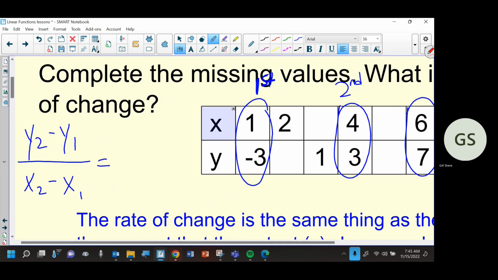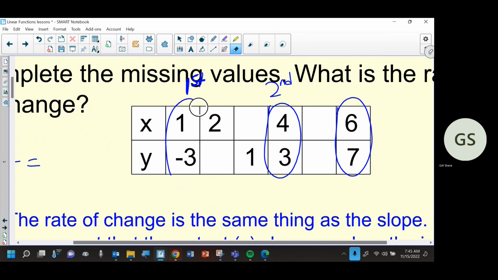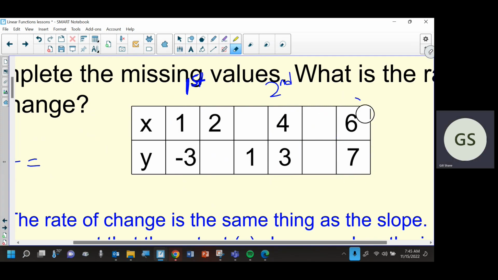So I'm going to pick these two. I'm still using the same ones. I have 1 and 2. So that would be my X.